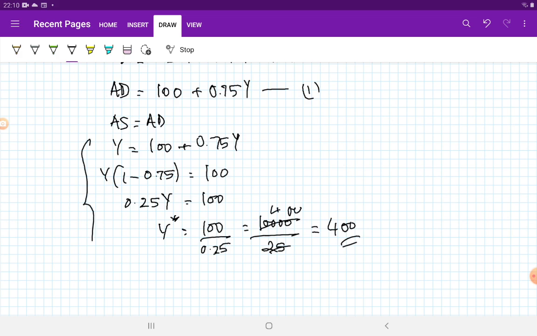This part of the solution, which I just did, is the algebraic solution, right? Do you remember how it is done graphically?